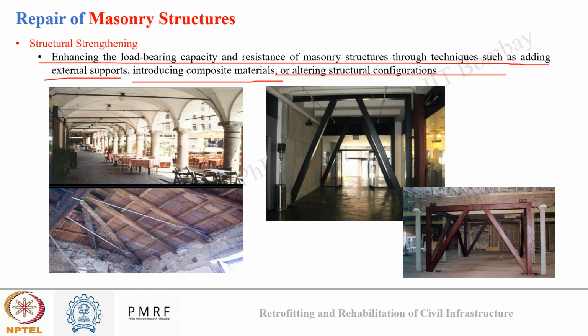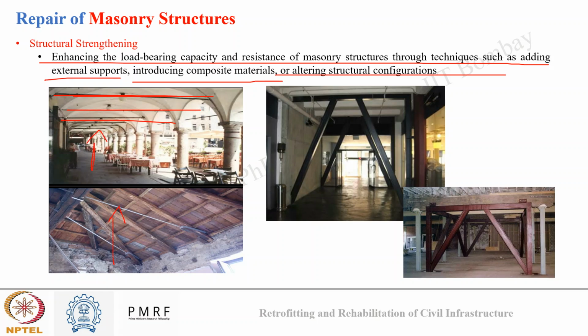Like you can see in the images, this is carried out by installing external reinforcement, like you can see here in this hotel masonry building. External horizontal rebars were installed across the length of the masonry units to support the existing masonry, which will in turn strengthen the masonry to take more load.